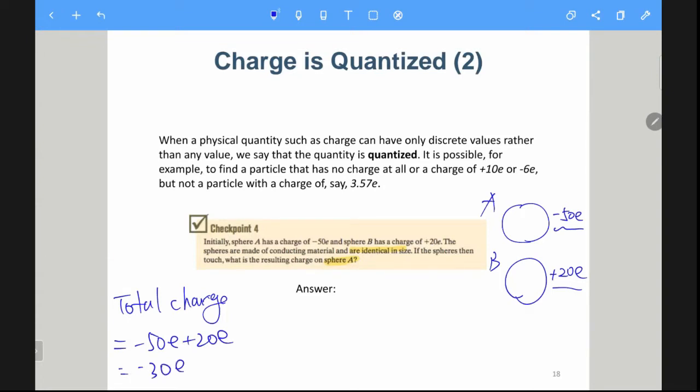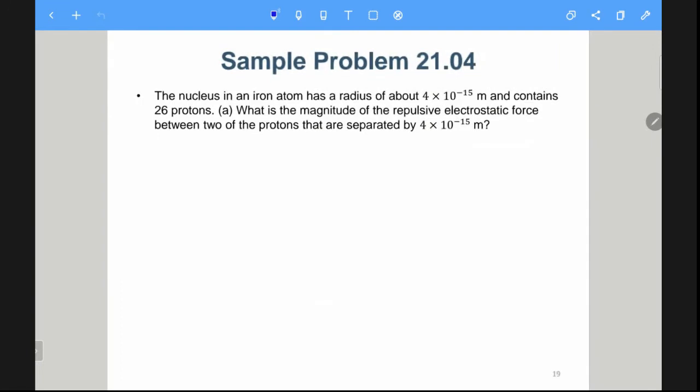Then this minus 30e will be separated equally on both sphere A and sphere B, which means there will be minus 30e over 2, which is minus 15e on sphere A and also on sphere B. So this is the answer to this checkpoint question. This is simple. Let's see another sample problem.